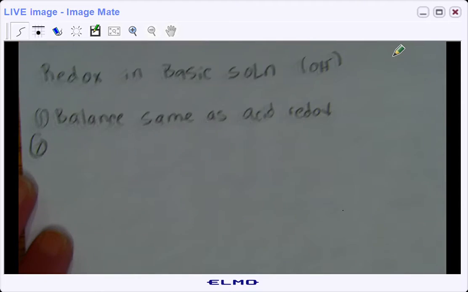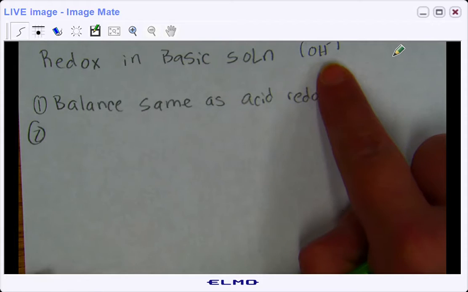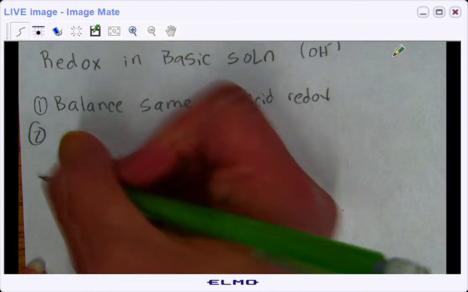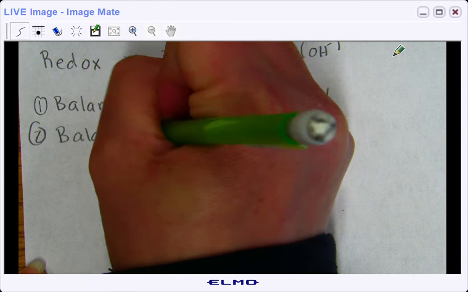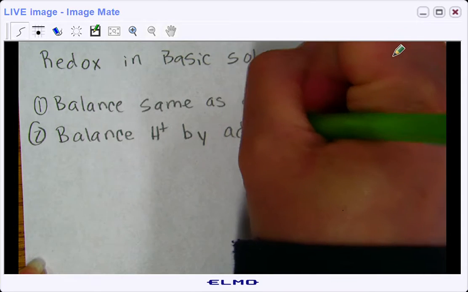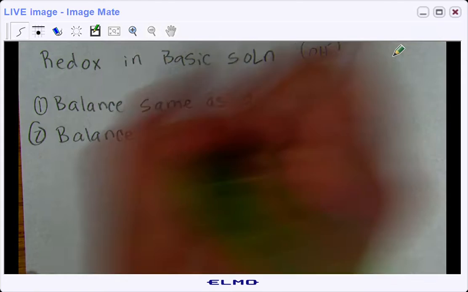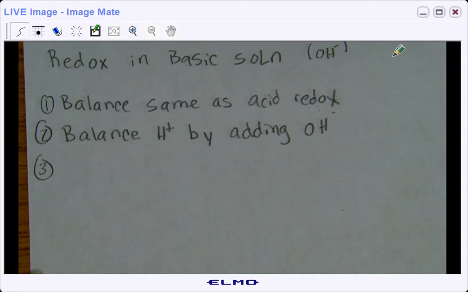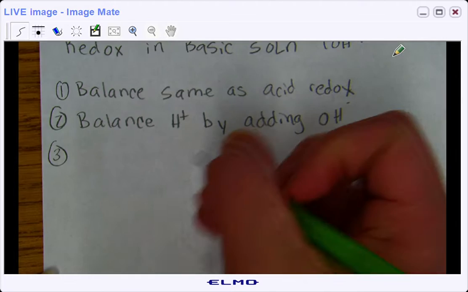Now, acids contain hydrogen ions, bases contain hydroxide ions, so we are going to balance out the hydrogen ions by adding hydroxide. Finally, we can put the two half reactions together and cancel things on both sides, reducing as needed.